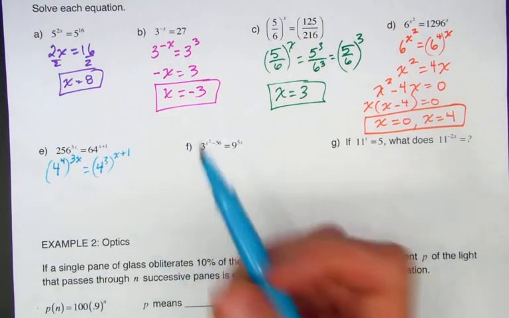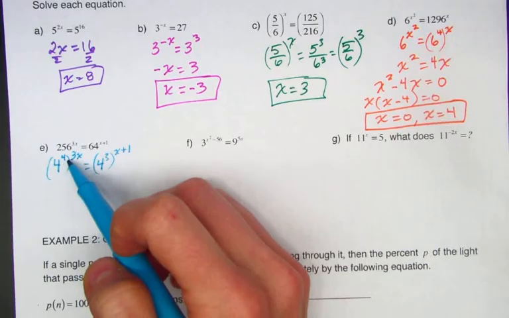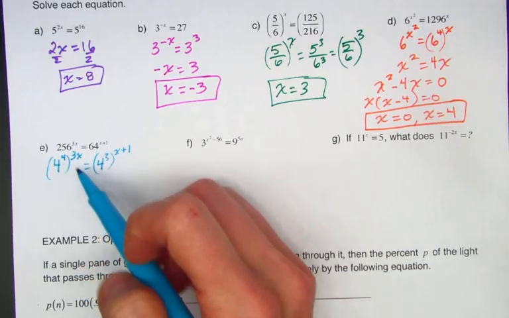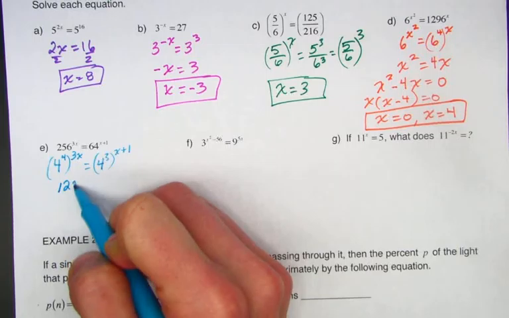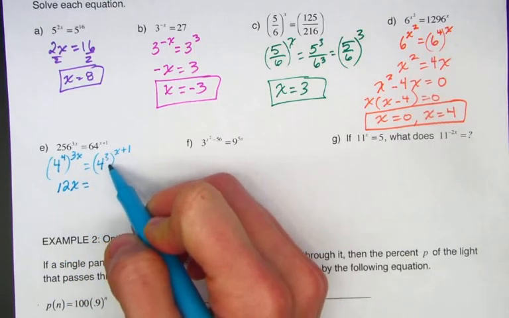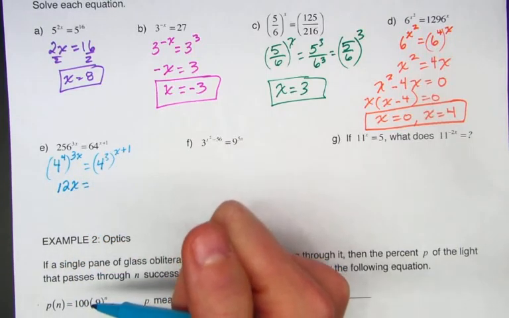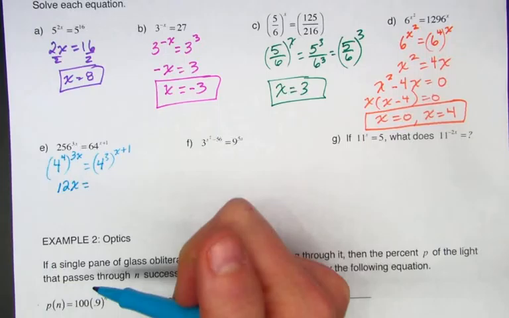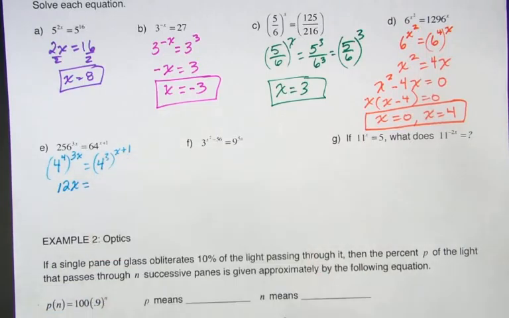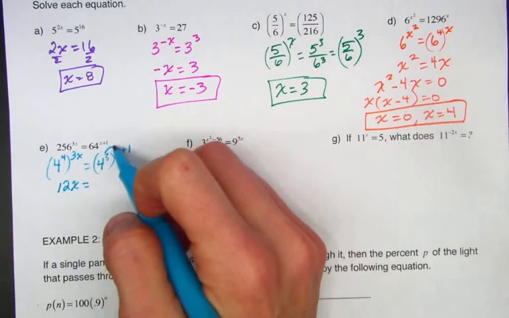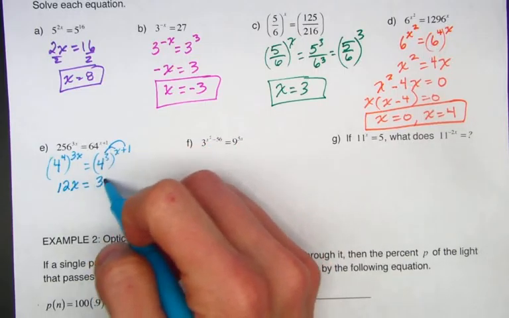Now we had mentioned if we have a power to a power, so we have two exponents here, we're going to multiply those. What is 4 times 3x? 12x. What is 3 times x plus 1? 3x plus 3. So you do need to be careful when you have a binomial for an exponent. You need to distribute. Okay, so here we're going to end up with 3x plus 3.